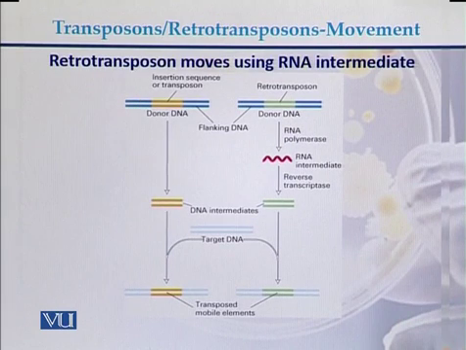While on the other hand, here is the example on the right side of how retrotransposons move when they use RNA as intermediate. In the case of retrotransposons, the intermediate is RNA. So here is the retrotransposon, and this retrotransposon is producing RNA.